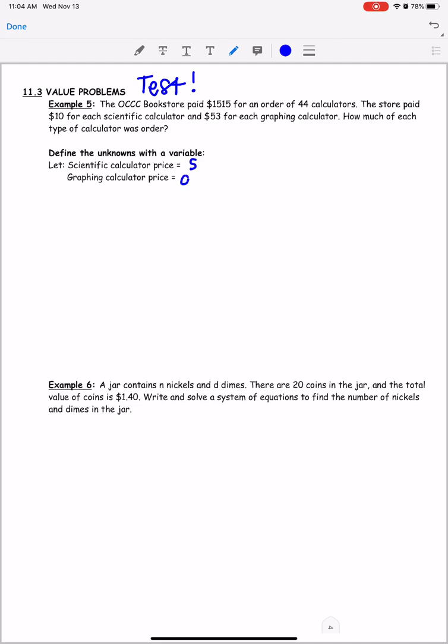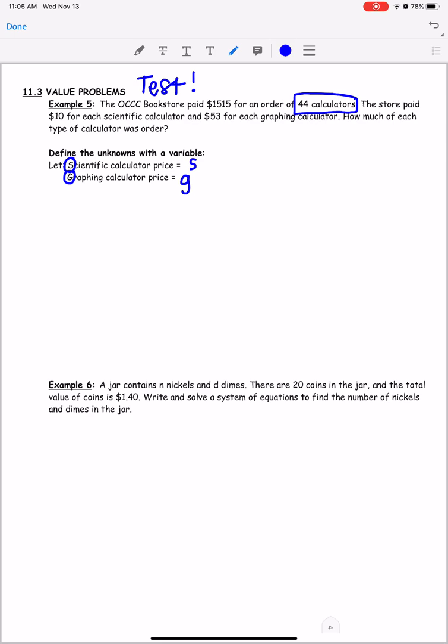Now, if you want to go with X and Y, that's fine, but sometimes it's hard to remember what I made X and what I made Y. If I use S and G, I know S is for scientific and G is for graphing. The first equation needs to be just over the amount I have. We have ordered 44 calculators of some combination.